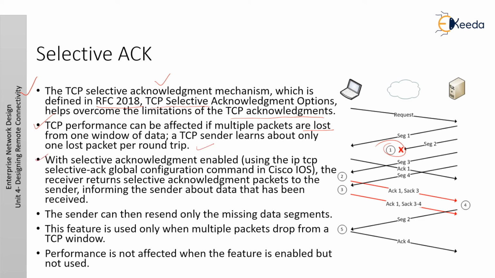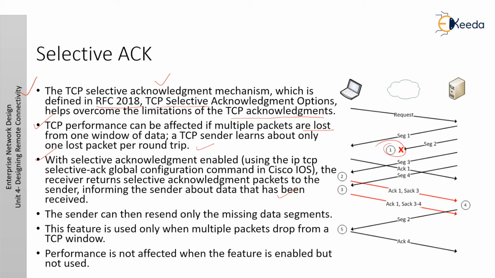With selective acknowledgement enabled using the ip tcp selective-ack global configuration command in Cisco IOS, the receiver returns a selective acknowledgement packet to the sender, informing the sender about data that has been received. Means, I am sending the 17th acknowledgement or the 18th acknowledgement, up to this much data has been received.